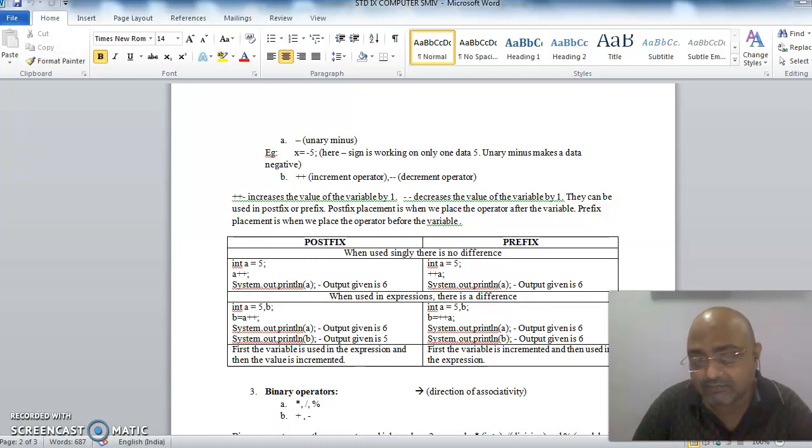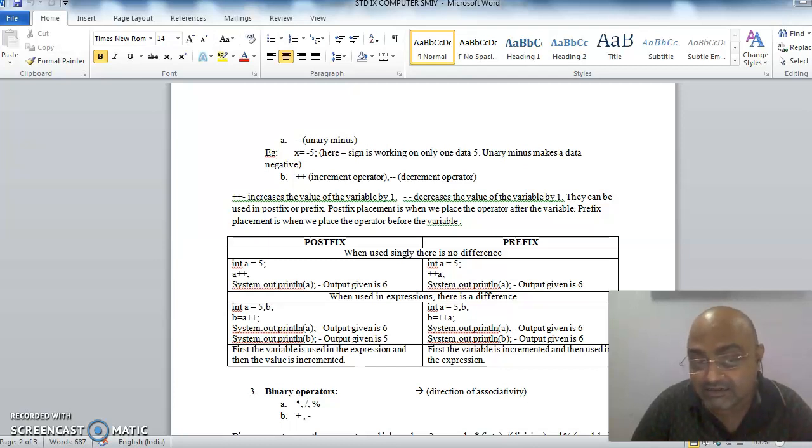Now again int a is equal to 5, you can see plus plus a, and then System.out.println a, and the output given is 6. That means there is no difference between a plus plus and plus plus a if we are using them singly. What do I mean by singly?